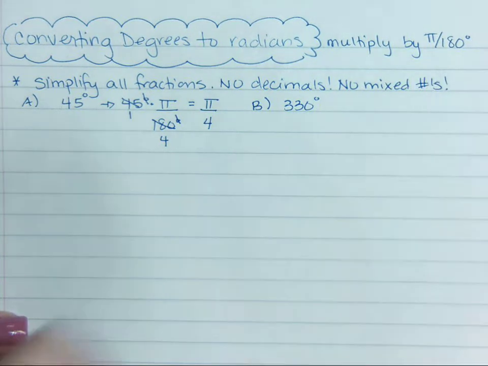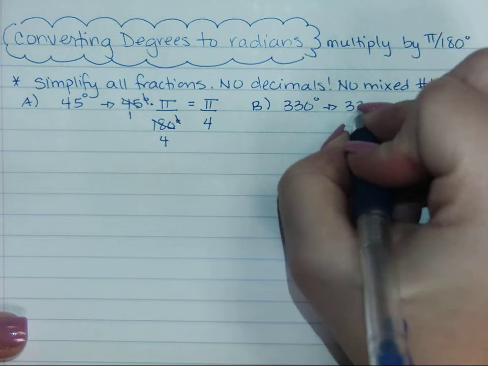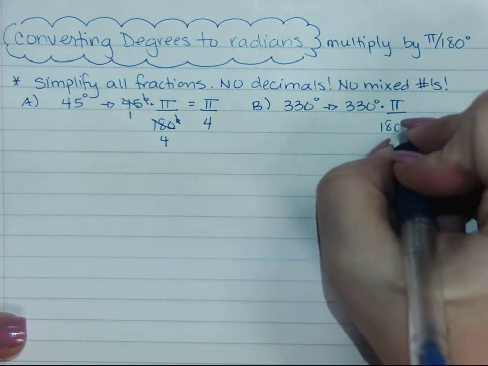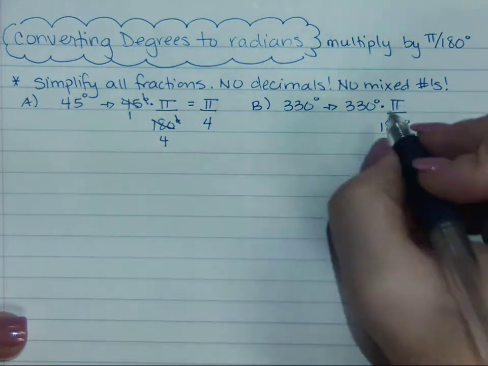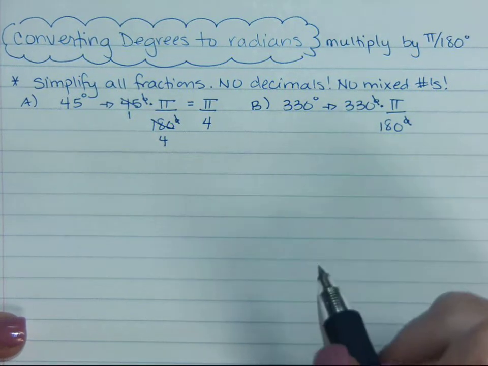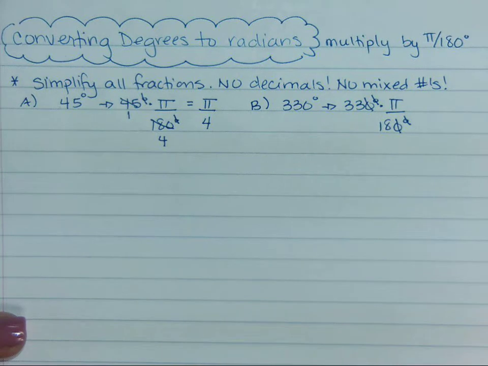So 330 degrees. Again, I'm going to take that value and multiply it by pi over 180. Now again, I can take away the degree symbols. And now I need to figure out how to simplify these down. They both end in a 0, so I can cancel out those zeros.